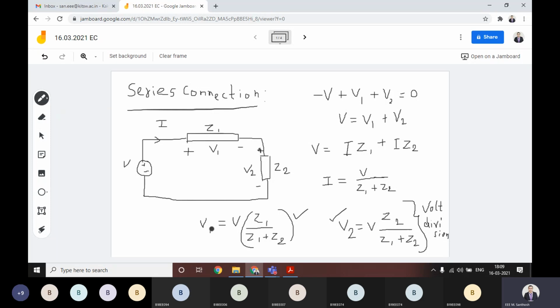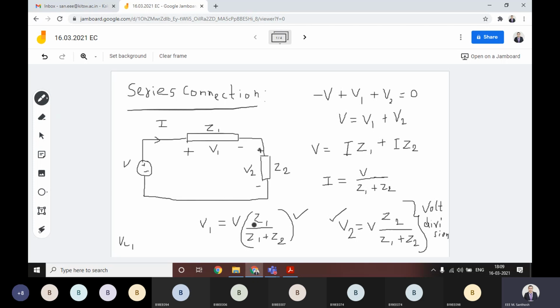Then if you have inductors, what is the value of VL1? V into L1 by L1 plus L2. Very good.